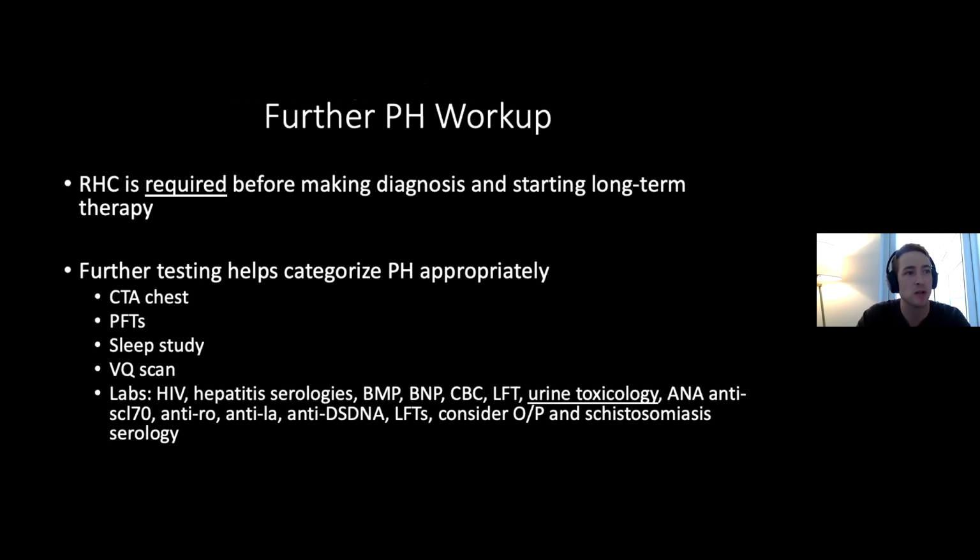Additionally, the pulmonology team will likely request the following studies, which can usually be completed in the outpatient setting, but these include CTA chest, PFTs, sleep study to really look to see if there's a group 3 contribution to this, VQ scan to make sure that this isn't a CTEPH presentation or that group 4, and autoimmune labs as well, just to see if there's any component of pulmonary arterial hypertension, even if there is an existing left heart abnormality going on.